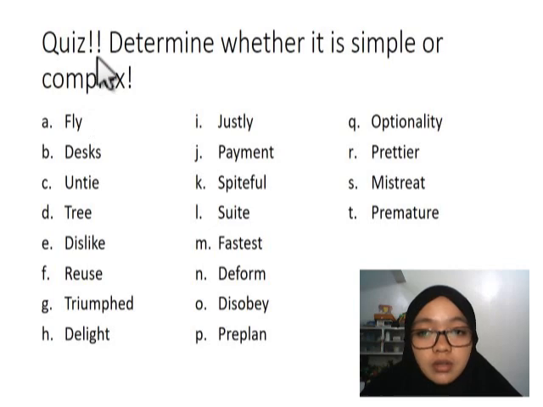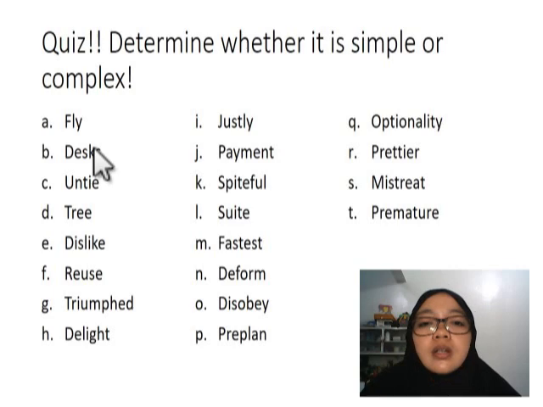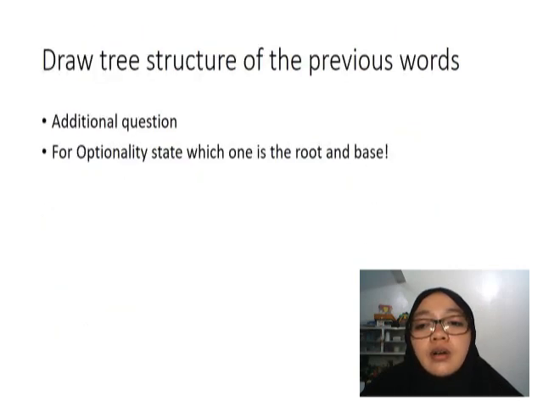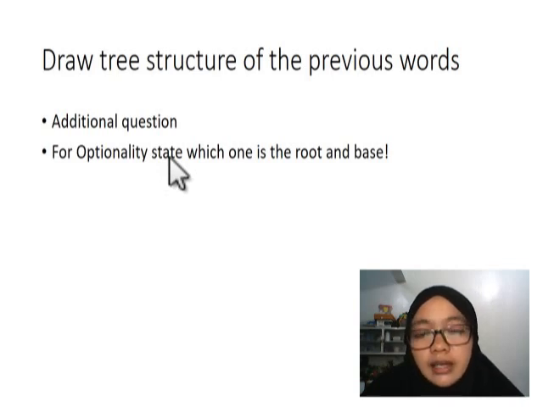Nothing else, that's all. While for a complex word, you should determine which one is the root and which one is the affix. And for the additional question, for the word optionality, you have to state and elaborate which one is the root and which one is the base. Okay, you got it?